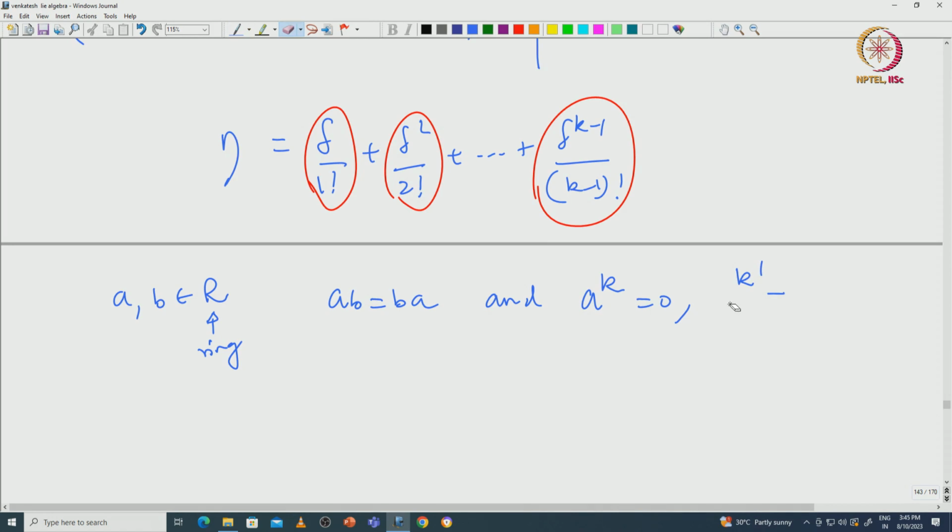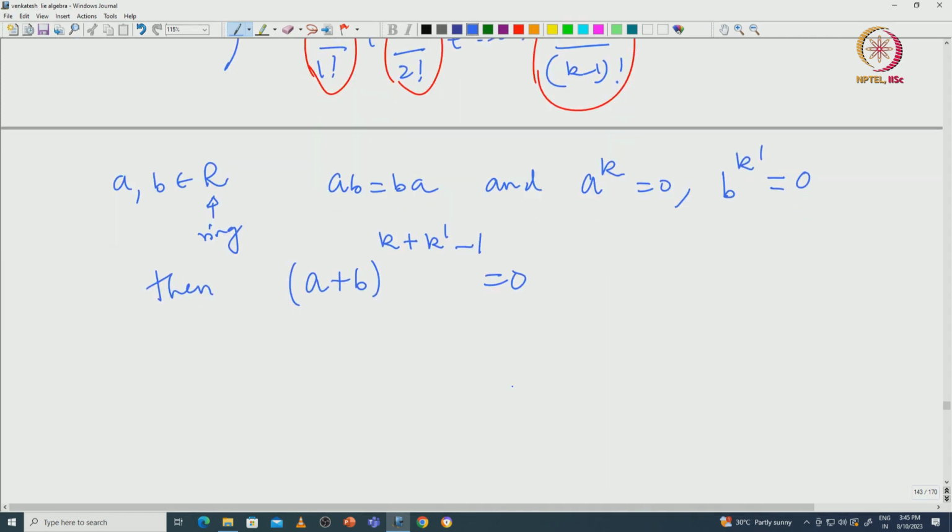That means both of them are nilpotent. Then you can prove that some power of A plus B will be 0, which is exactly k plus k dash minus 1.